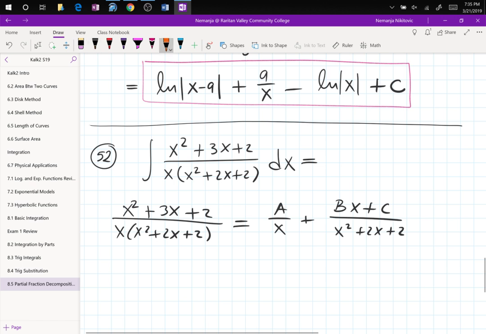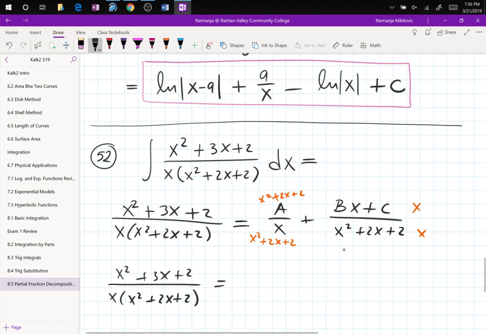Now we multiply by what's missing. The first one is missing the entire x squared plus 2x plus 2. And the second one is just missing an x.